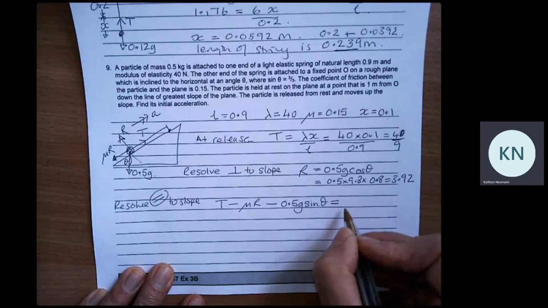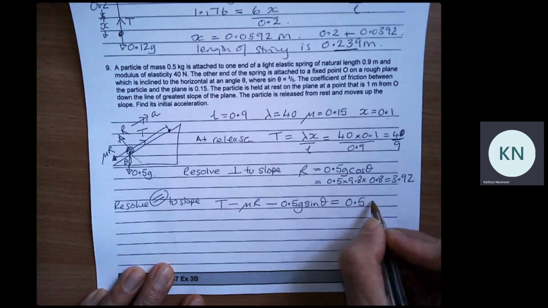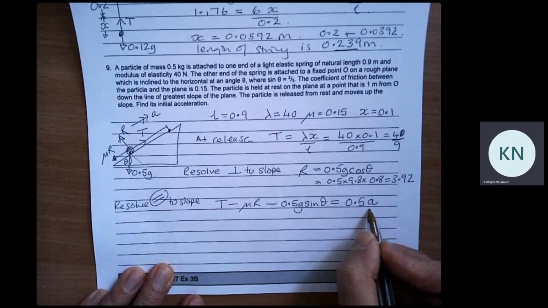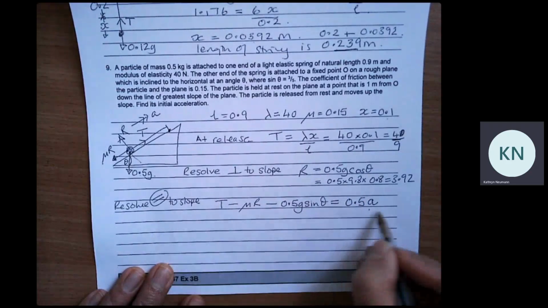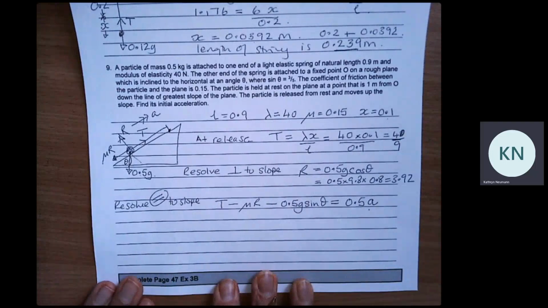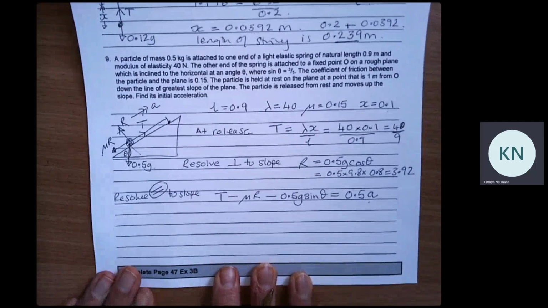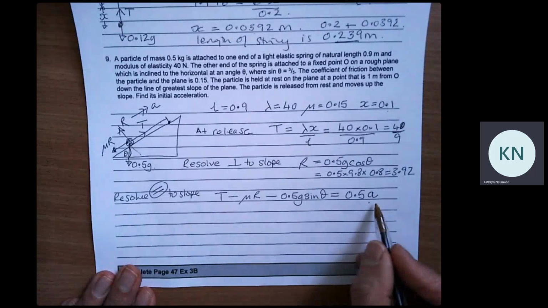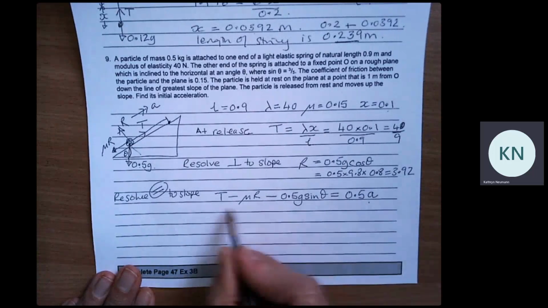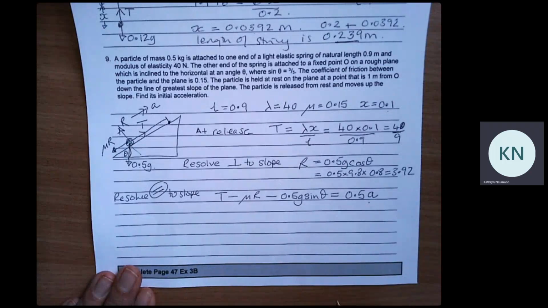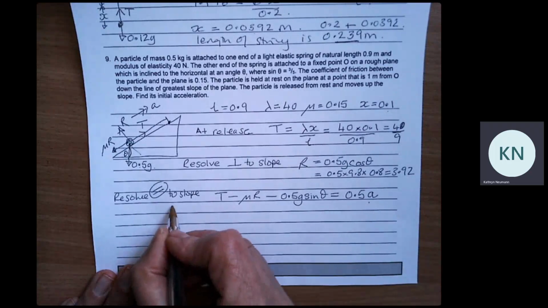And all of that is equal to the mass, which is 0.5, times the acceleration, which we're trying to find. It's worth writing this equation because that very clearly sets out your method. Writing the equation in the examination is what gets you the marks, having the equation of motion written out clearly. So now we're going to substitute in the values we know.